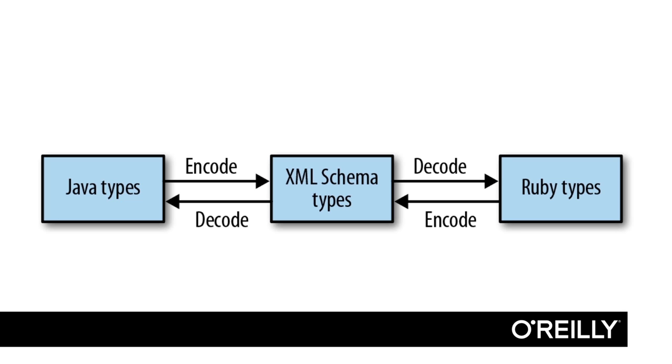In this particular depiction, Java might be the client language and Ruby the service language, or vice versa. The really important thing is that XML data types, in particular XML schema types, act as the intermediate layer. XML, you might say, is what makes the services interoperable. So the clients can be written in one language and the service can be written in a different language.